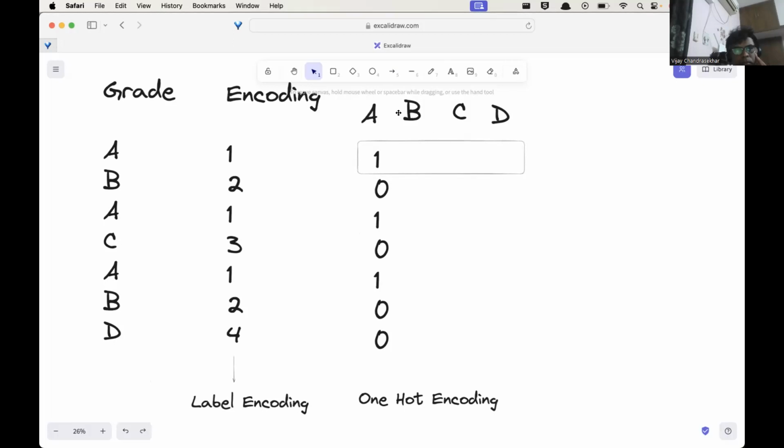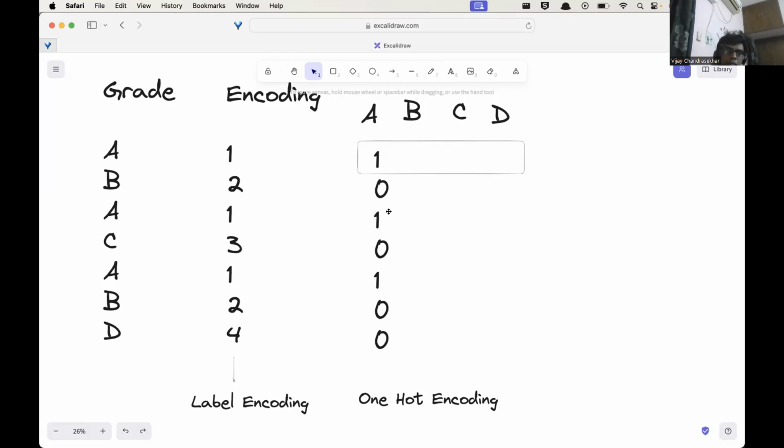Grade A, B, C, D, B is not greater than A by 1. So when you use linear regression, and logistic regression, which we'll cover today, it's highly recommended that you use only one-hot encoding. We'll introduce a new class of models on Monday, tree-based models, and there it doesn't matter. It can be either one.